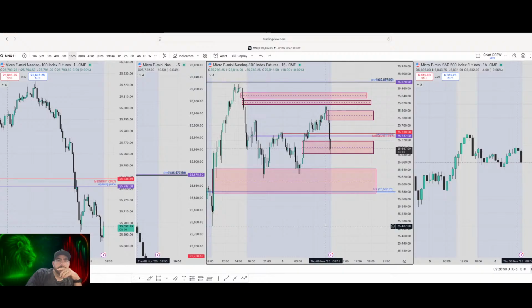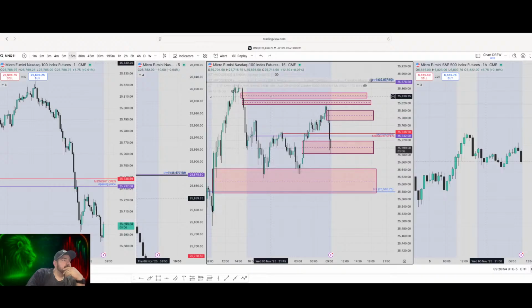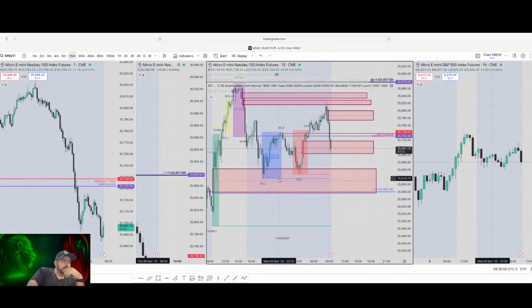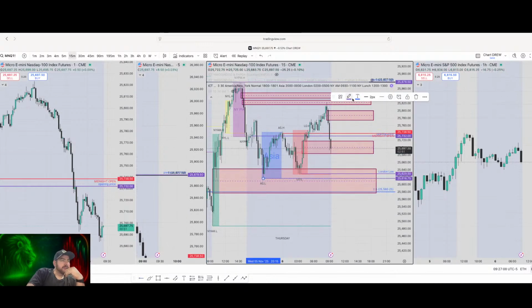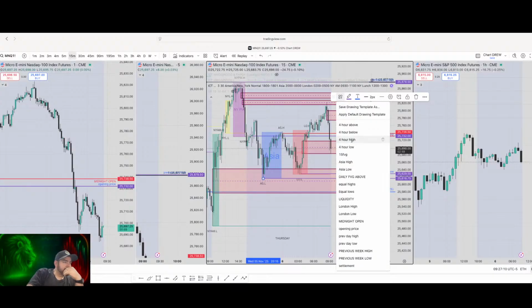And London low, London high. Let's see where we are. Okay, we still got those lows down there, so those looking like some good targets. Look like some good targets here, and resting in the 15-minute too.